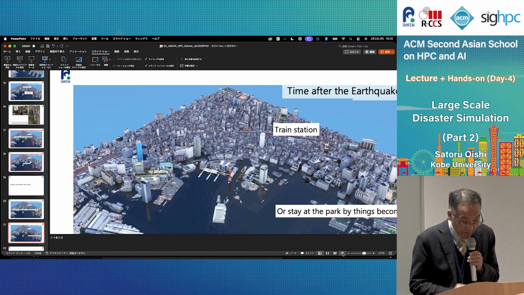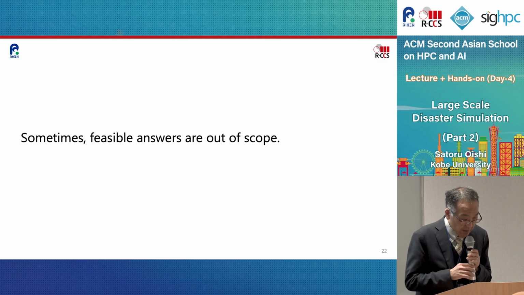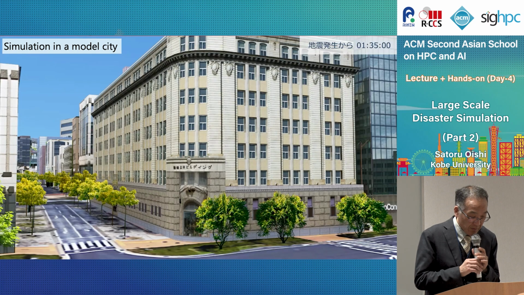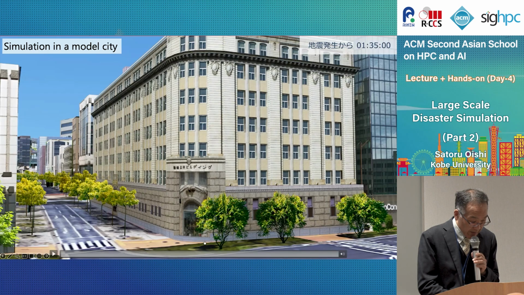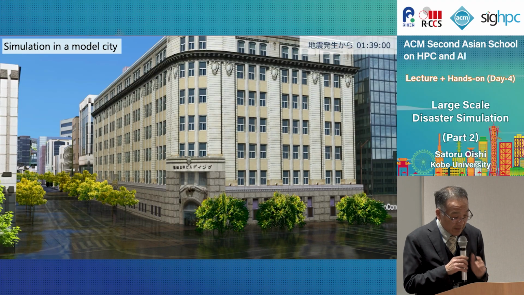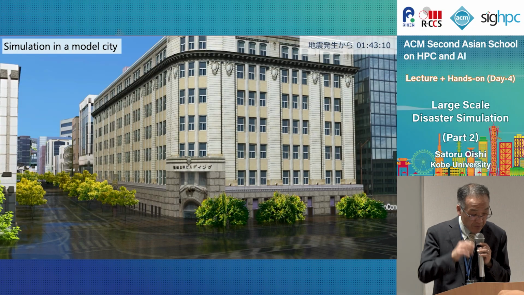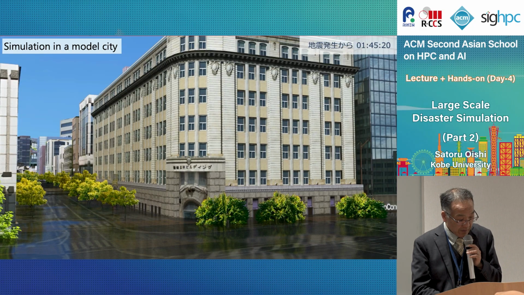I would like to change. So this is the other one for simulation. At the harbor land, the tsunami height is higher than the people's height.